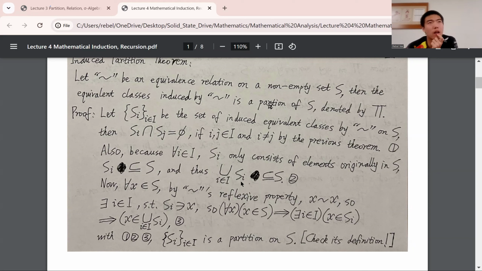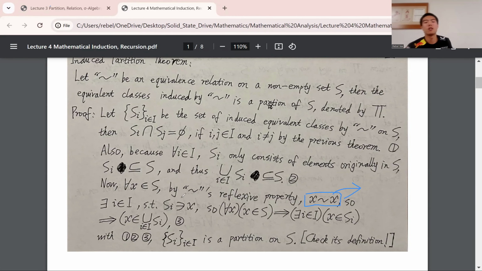It might seem very hard to imagine, but you can use the equivalence relation's property that it is reflexive. Reflexive means x is related to x, so x must be in one of the Si.